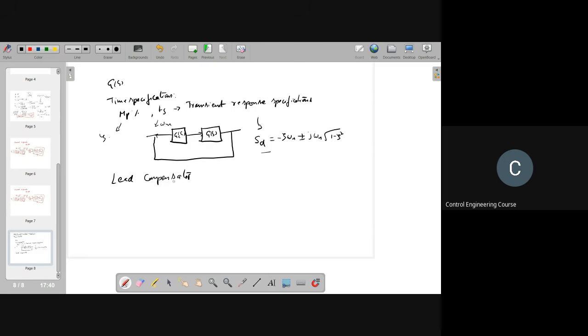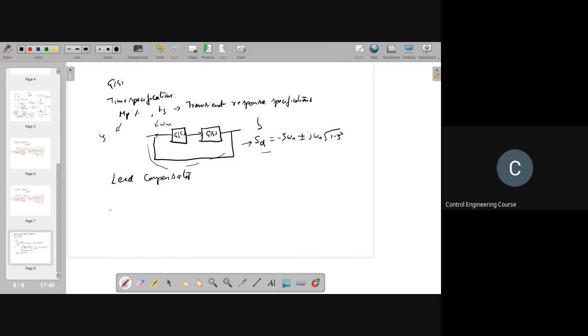So we are designing a lead compensator such that your overall closed loop system poles have one dominant pole that matches this Sd, and the remaining poles are away from the dominant pole.